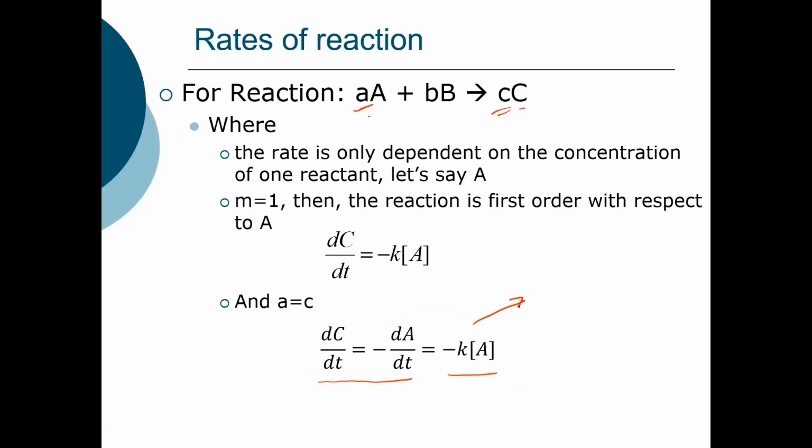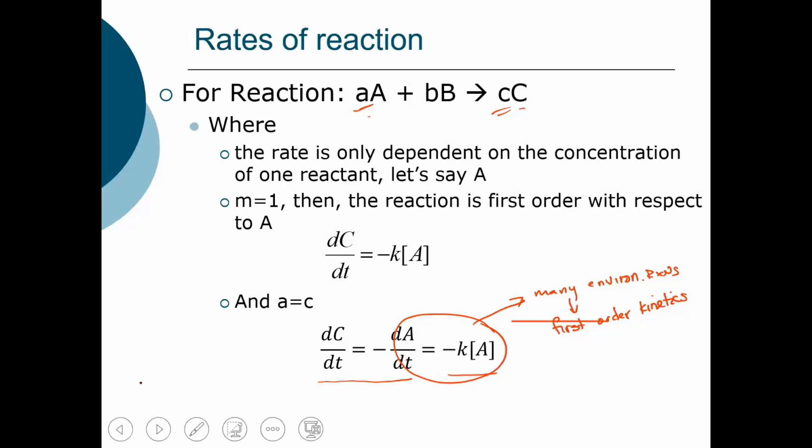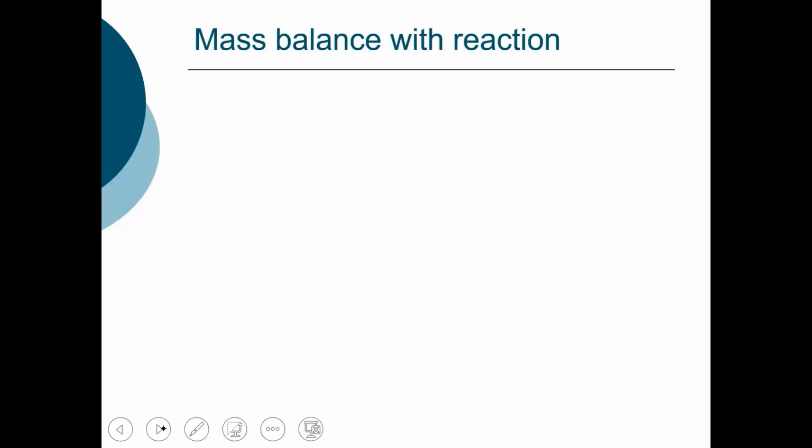So many environmental reactions can be described with first order kinetics, or what we call pseudo first order kinetics, and that's where one component is in a much higher concentration than the other. So basically, its concentration is essentially constant, so we can describe it as pseudo first order. Again, if you're taking 480, you'll cover that to greater extent in 480. I'm not going to go into details here.